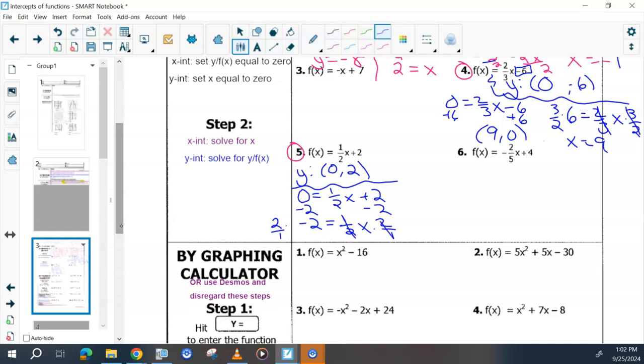So that the 1/2 and the 2 cancel. What is x? It's 2 times negative 2.